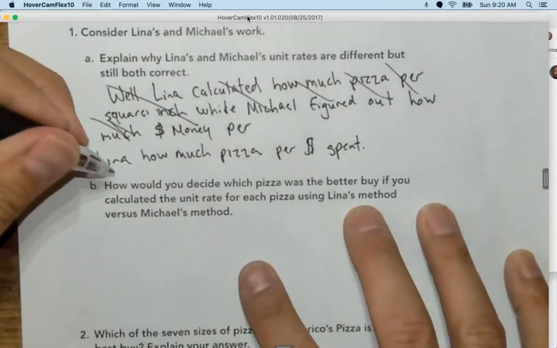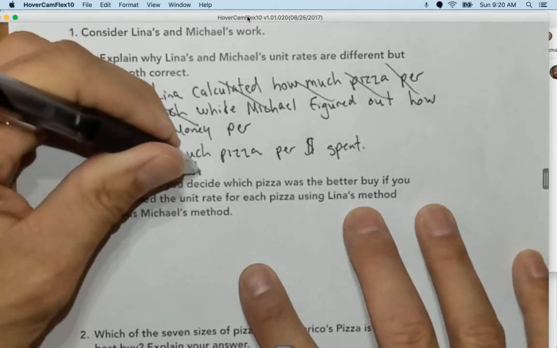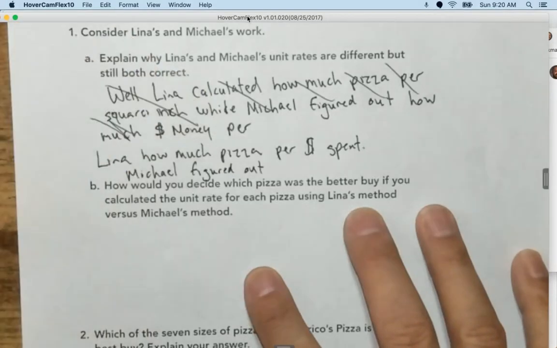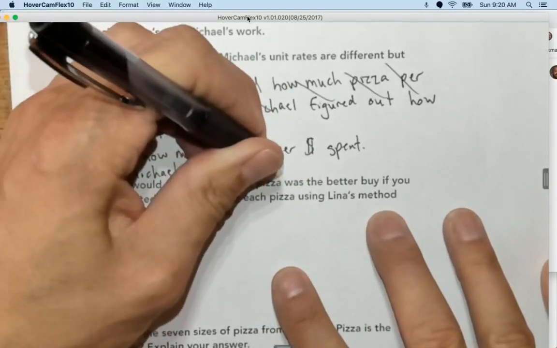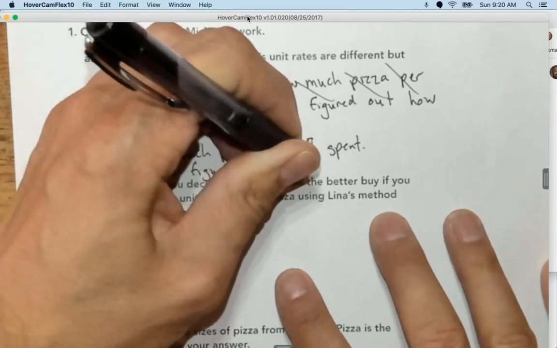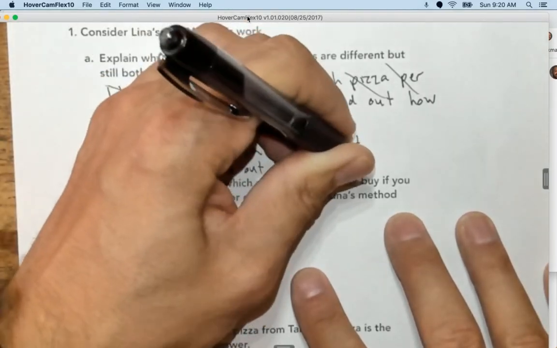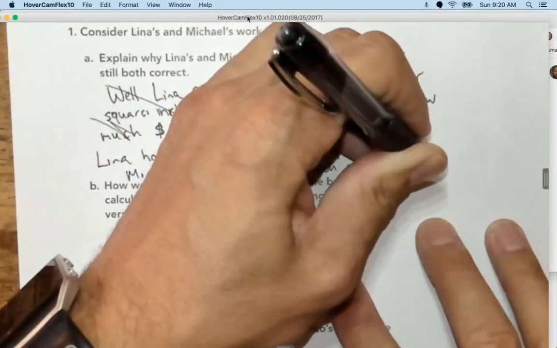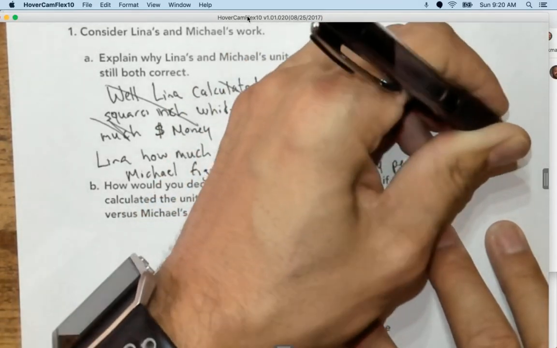And then Michael figured out how much money per 1 square inch of pizza.